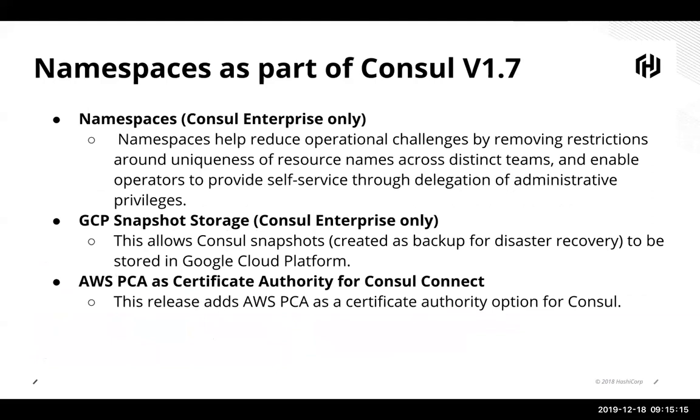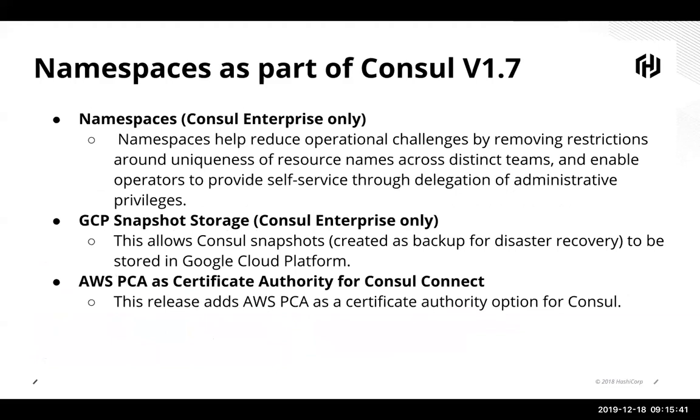In terms of where you can get namespaces, it's part of a broader release of features in 1.7. The other feature as part of 1.7 is GCP snapshot storage, which enables point-in-time backups of things like KVs, ACLs, service catalogs, and the like. We store the backup file in GCP in addition to other cloud providers like Amazon S3 and Azure.